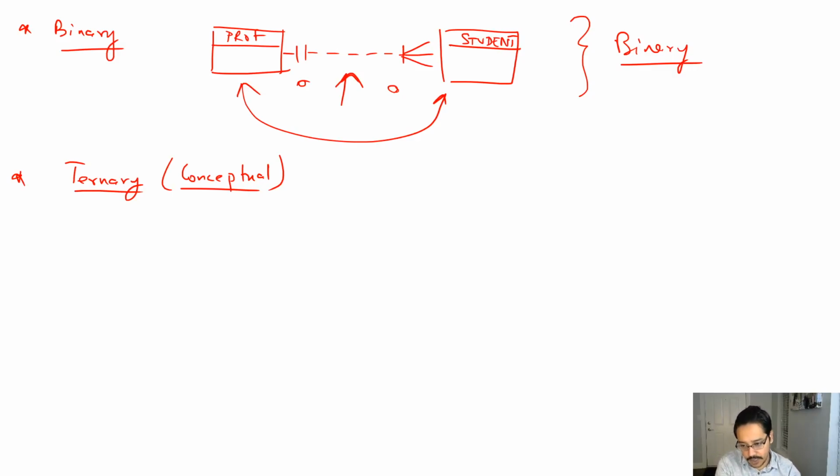Can we come up with a ternary example? Let's try to make one. If not, then I will just use the book to explain it. Okay, but let's give it a shot and see if we can come up with one.